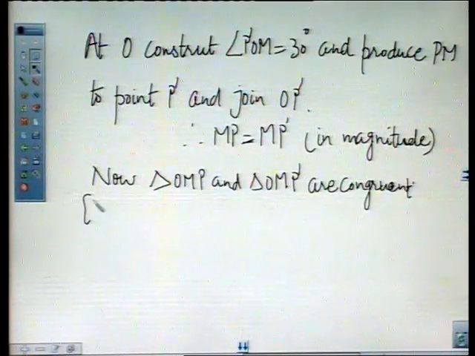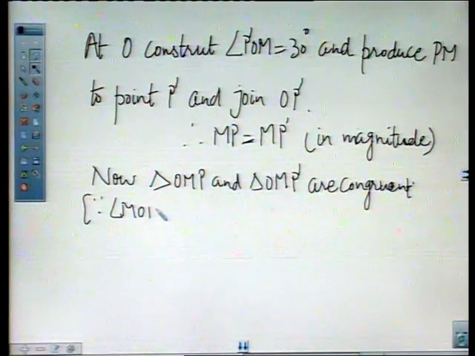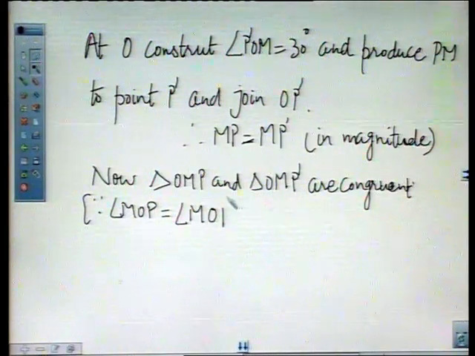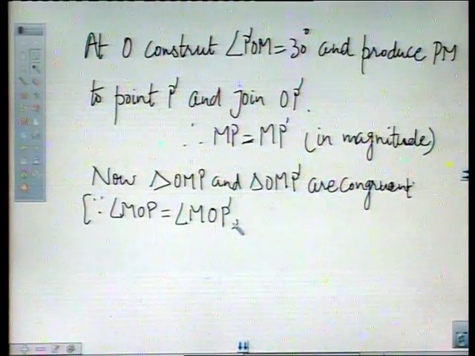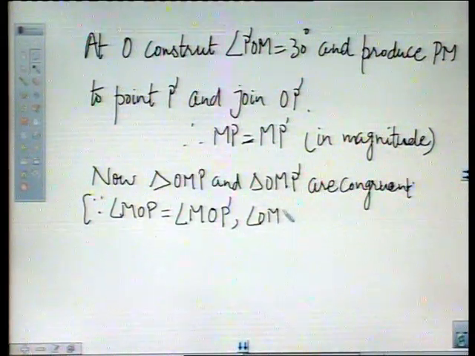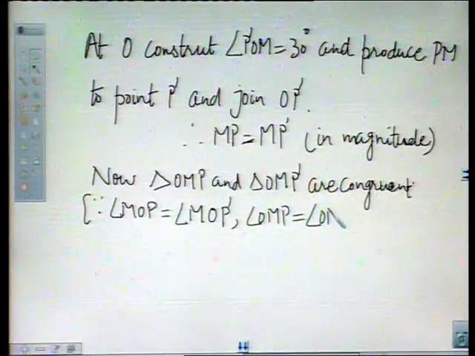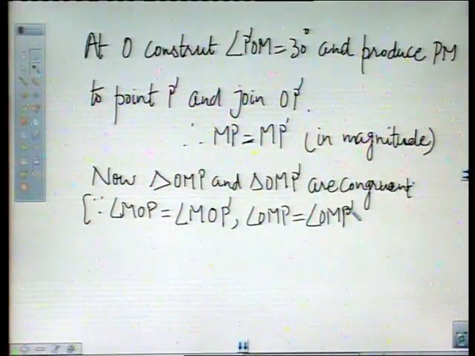Because angle MOP is equal to angle MOP dash, each equal to 30 degrees. Second, angle OMP is equal to OMP dash, both are right angles. Then OM is common.